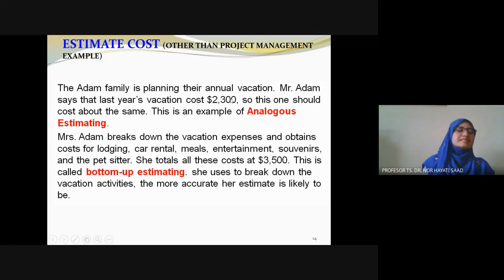In the case of the Adam family, he wanted to take a vacation, and based on the previous year his vacation was 2,300, so he put 2,300 for this year also.